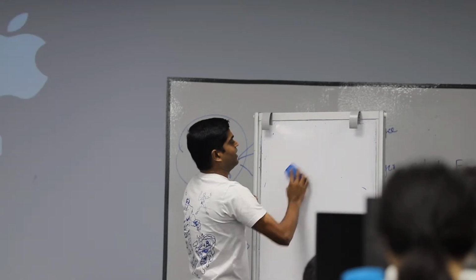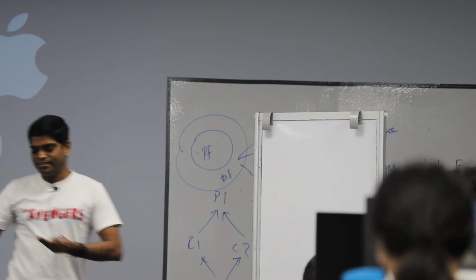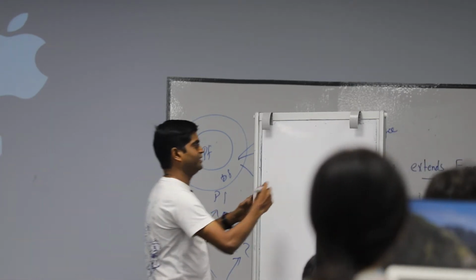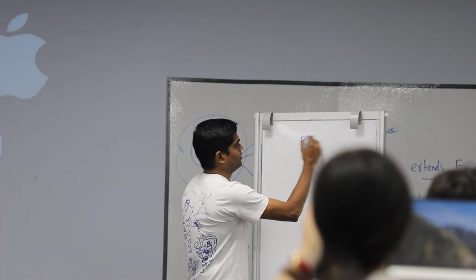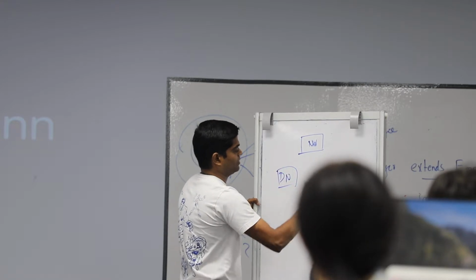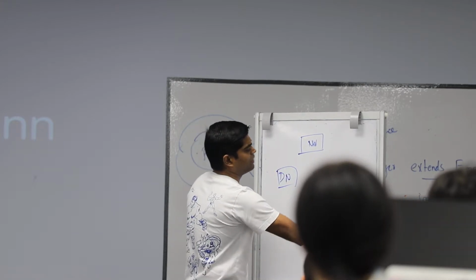Alright, okay. There's one more thing which I forgot to mention: the way your data node gets chosen while copying. So this is your name node, and then data nodes, in a larger environment.